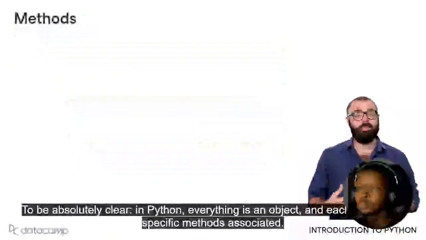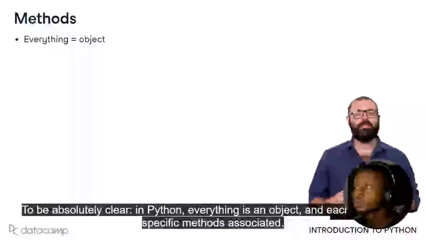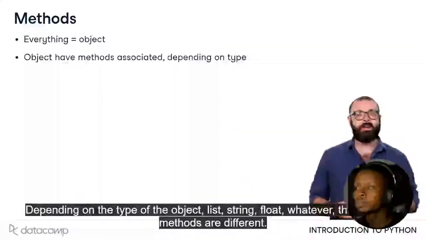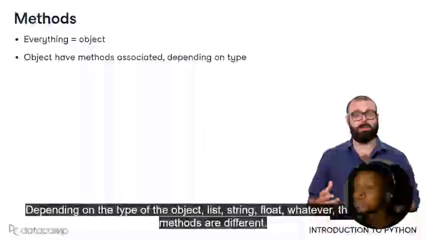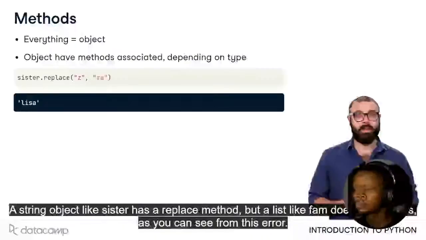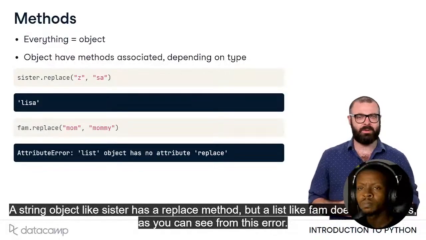To be absolutely clear, in Python, everything is an object, and each object has specified methods associated. Depending on the type of the object, list, string, float, whatever, the available methods are different. Sister has a replace method, but a list like fam doesn't have this, as you can see from this error.